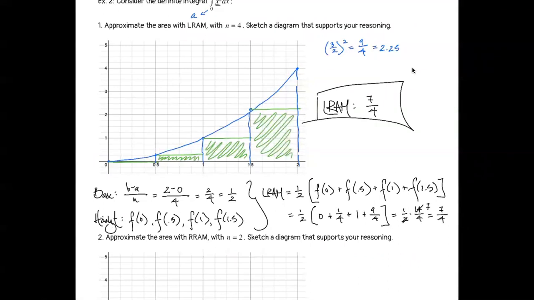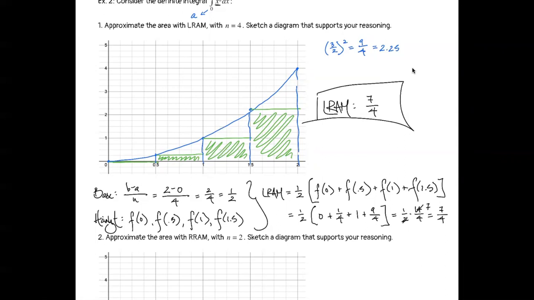Okay. So let me pause here for a moment. Does that make sense to folks that we have drawn the function, we found our starting and ending point, we're able to cut these into equally based sizes, and then since we're using LRAM, we chose all of the left corners?